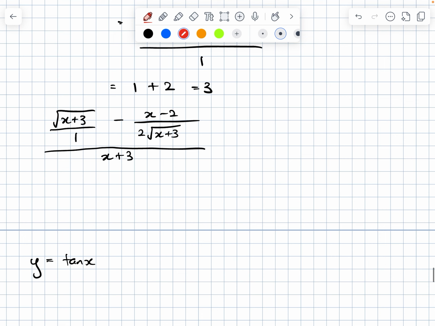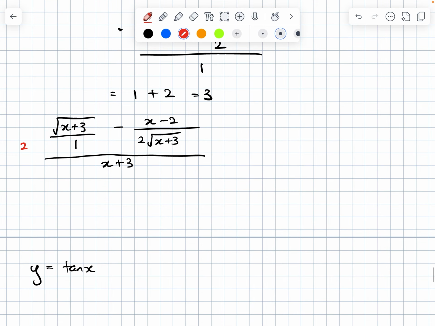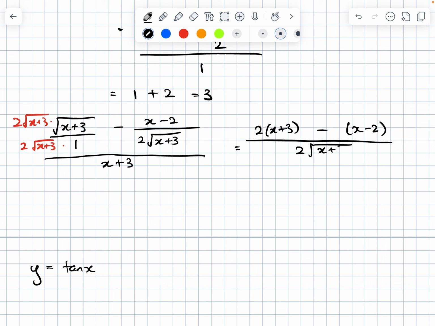To get a common denominator, let's times the denominator of the first one by 2 root x plus 3, and so also to the top, 2 root x plus 3. That gets us now 2 times root x plus 3 times root x plus 3, which is just 2x plus 3, and then minus the other side, x minus 2, since it is now all over the same denominator, which is 2 square root of x plus 3, and that has all been divided by x plus 3.